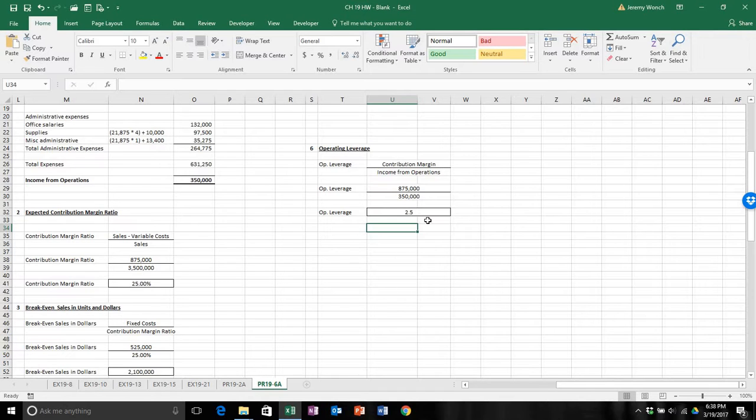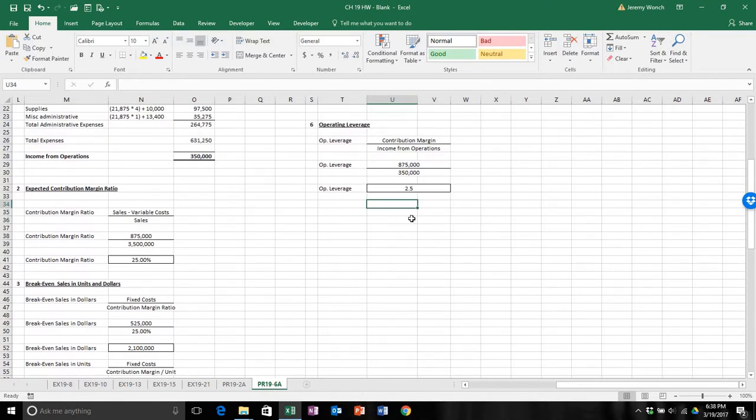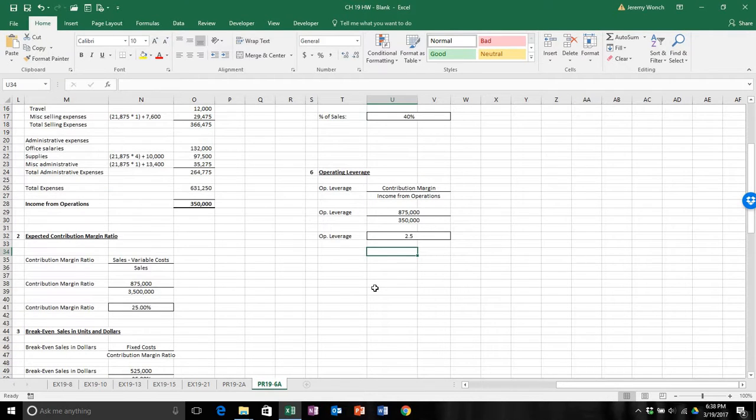On the other hand, if you're, let's see, what's a high leveraged business? Anyway, can't think off the top of my head, but it could be low. It's kind of depending on what industry standards are. Anyway, so that is problem 19-6.